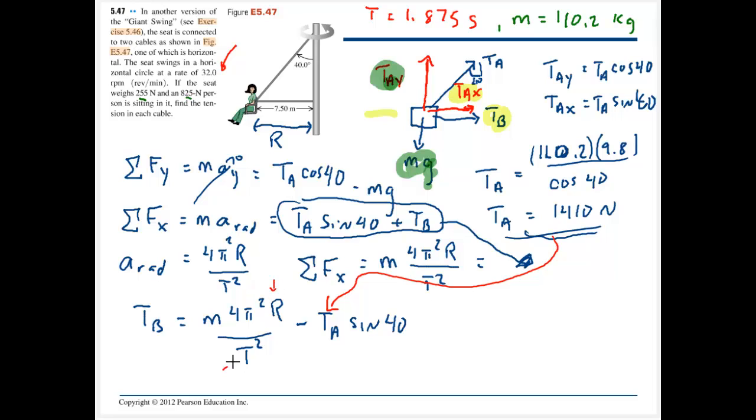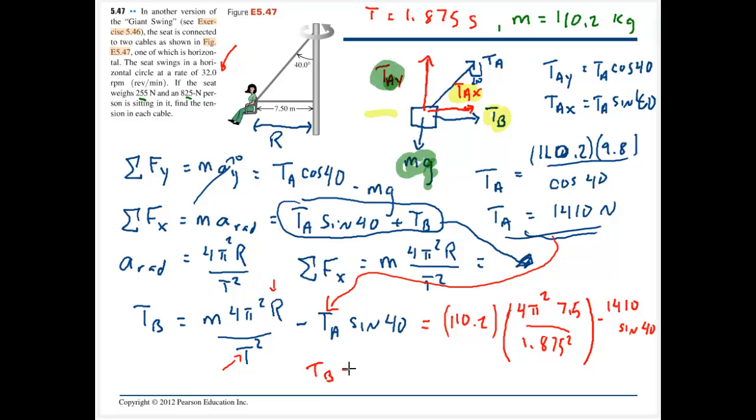And I know what the radius is, I know what the period is, so now it's a simple matter of saying, okay, this is going to be 110.2 multiplied by 4 pi squared, the radius is 7.5 meters, period is 1.875 quantity squared, minus 1410 sine of 40, and I get the tension B to be 8370 newtons.